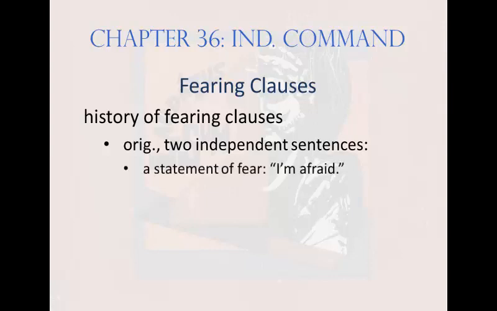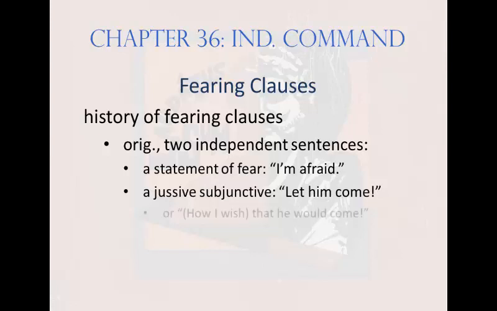The first, what will become the main sentence in a fearing clause, expressed fear, such as, I'm afraid, period. What would later become the actual fearing clause was originally a full sentence of its own, explaining the reason for the fear. Let him come. In other words, I want him to come. I'm really scared. How much I hope that he will come.